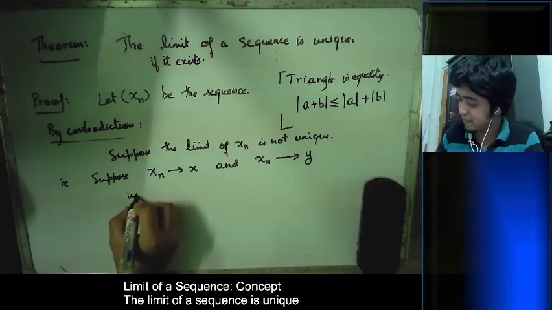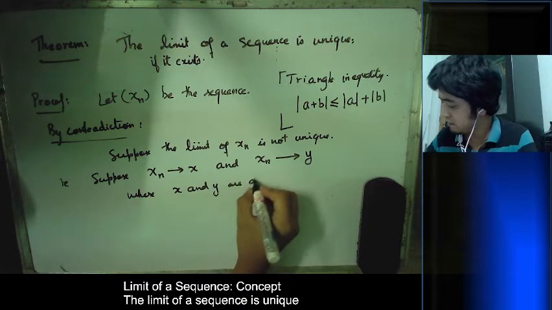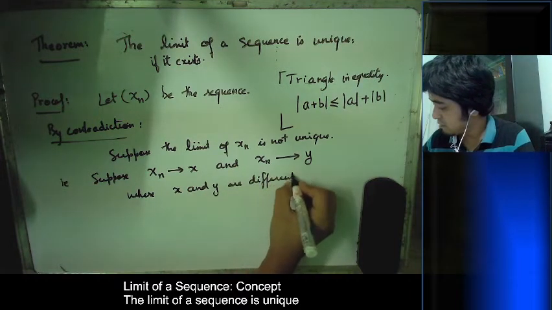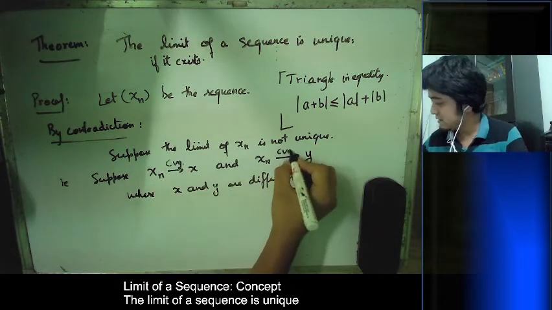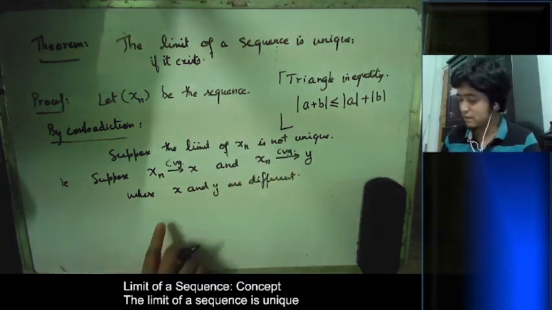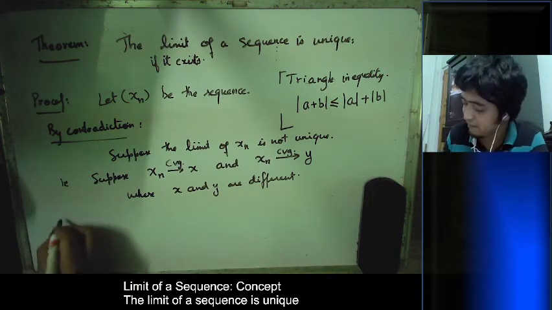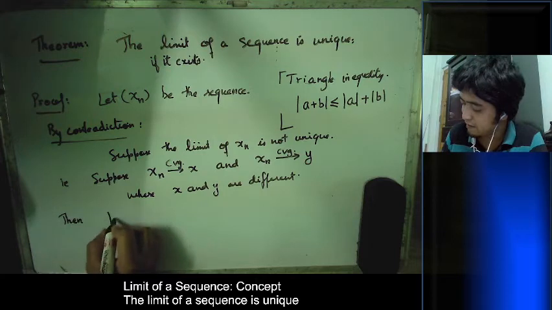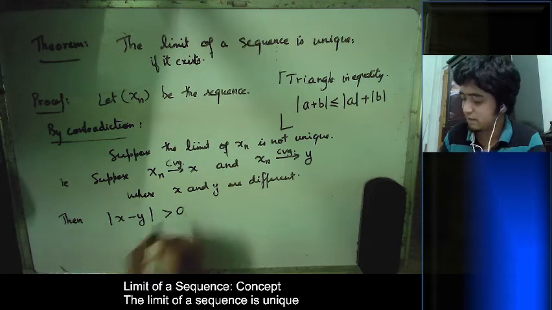Where x and y are different. Suppose xn converges to x, and xn converges to y, where x and y are different. If x and y are different, then |x − y| is greater than 0.